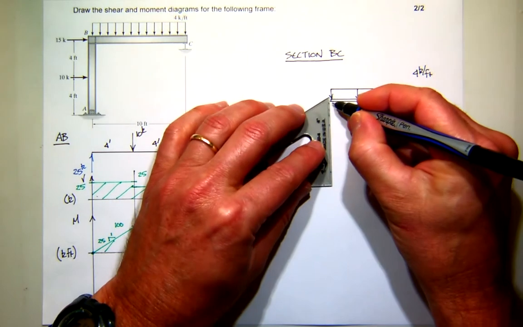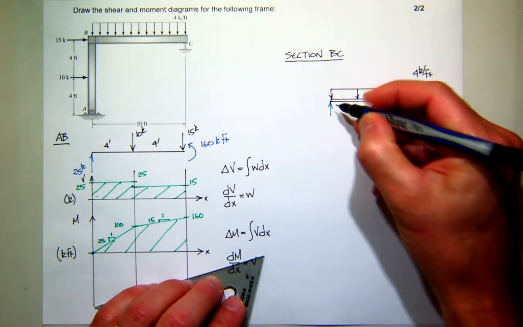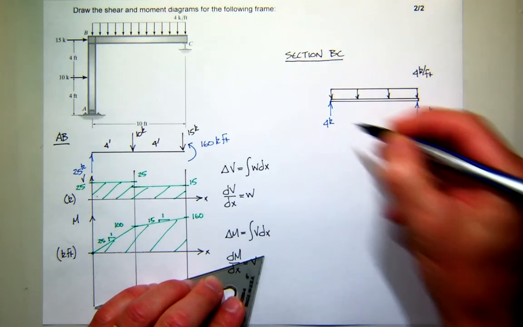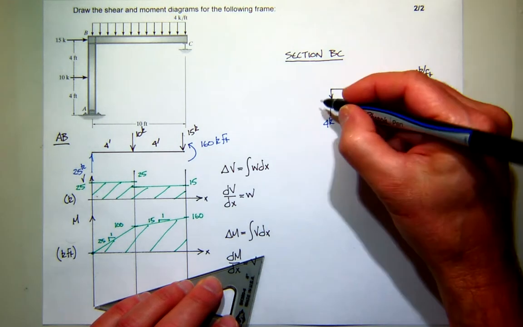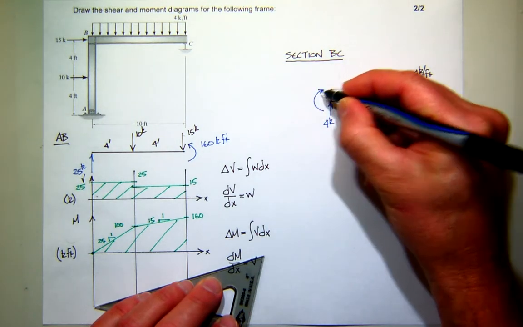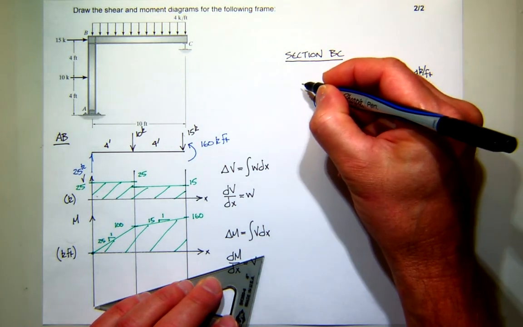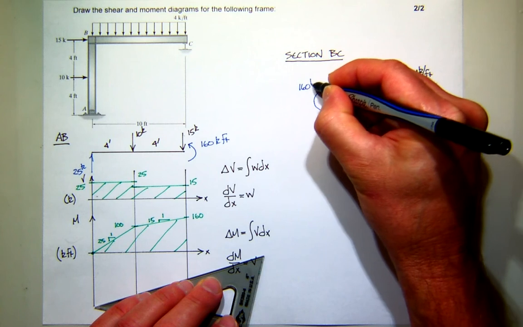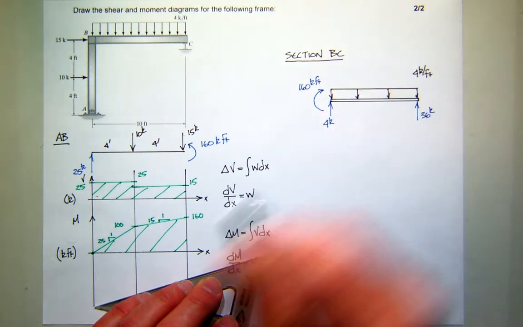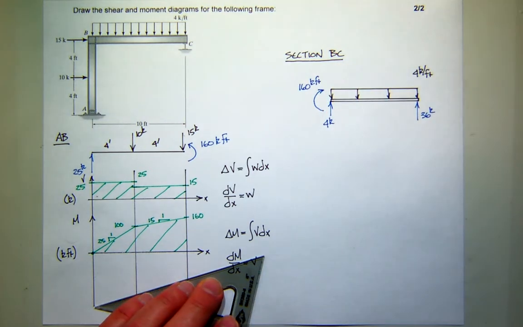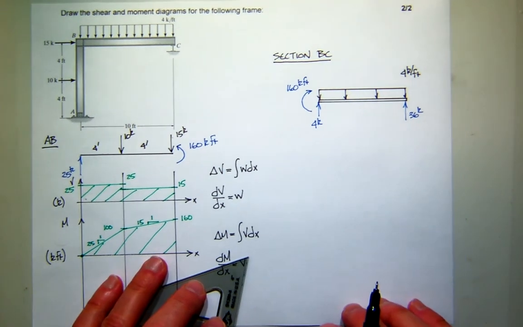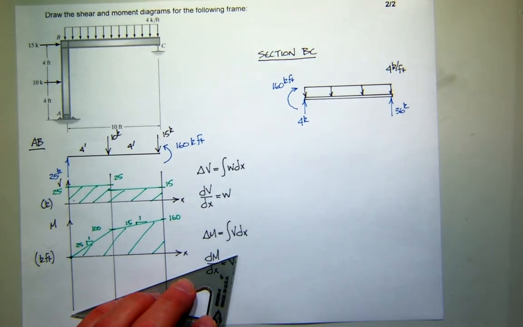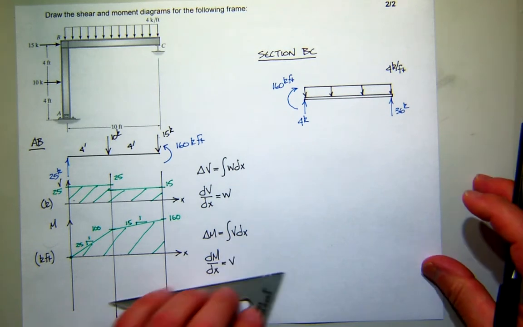That's going to be a value that's up of 4 kips. The moment at B equal and opposite is in this direction, and it's equal to 160. That should be everything that's on there. That make sense? Yes? No? Yes. Okay, cool.